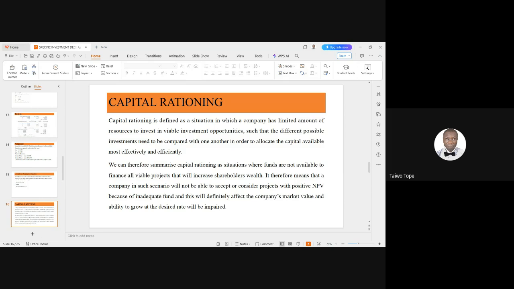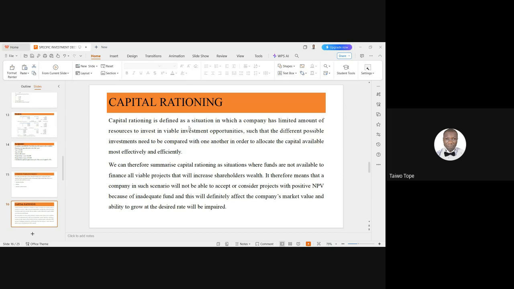So capital rationing is defined as a situation in which a company has a limited amount of resources to invest in viable investment opportunities, such that the different possible investments need to be compared with one another in order to allocate the capital available most effectively and efficiently. So we can summarize capital rationing as situations where funds are not available to finance all viable projects that will increase shareholders' wealth.